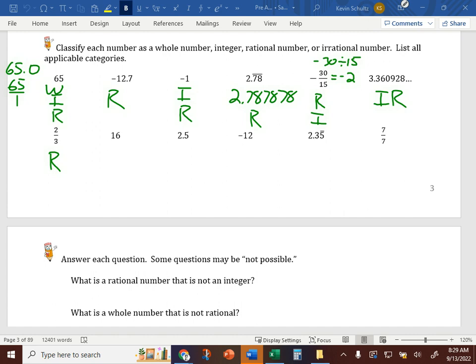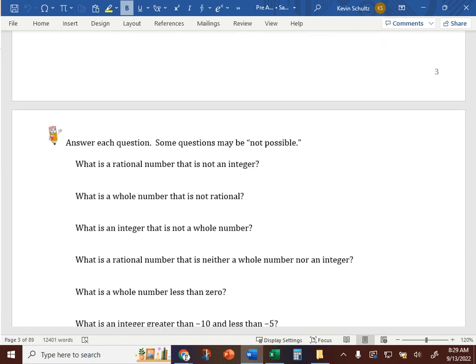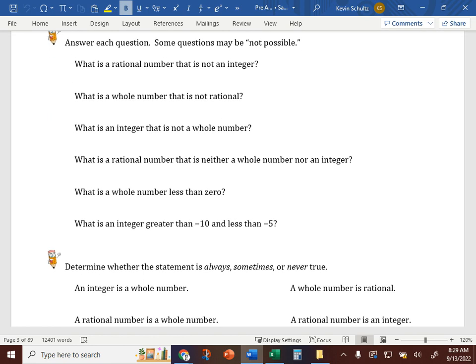The second page. So this is going to be part of your homework for tomorrow, finishing that up. The second page says answer each question. Some questions may be not possible. What is a rational number that is not an integer? Give me an example of a rational number that is not an integer.